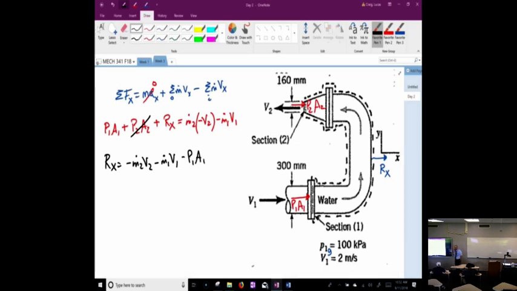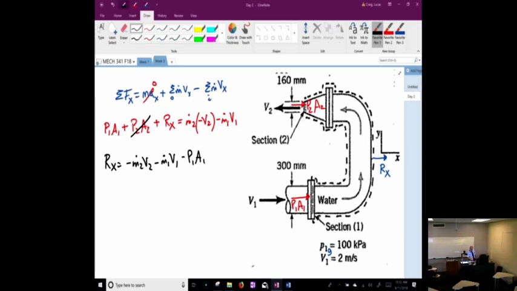Can you get rid of that m dot 2 V2? We can assume steady state, conservation of mass, which states that m dot 1 equals m dot 2. We can simplify this a little bit like this.